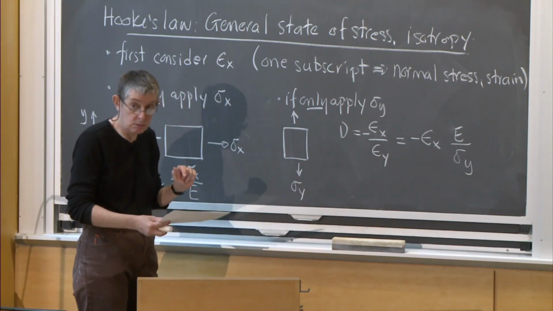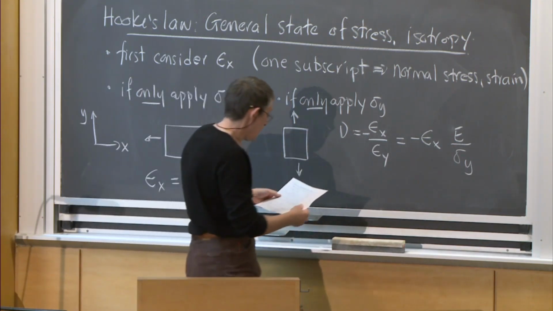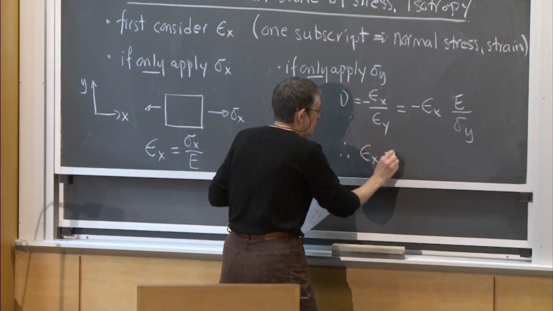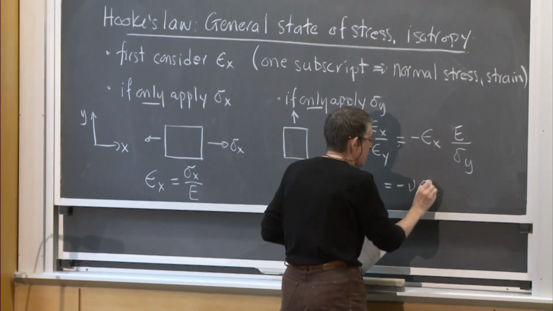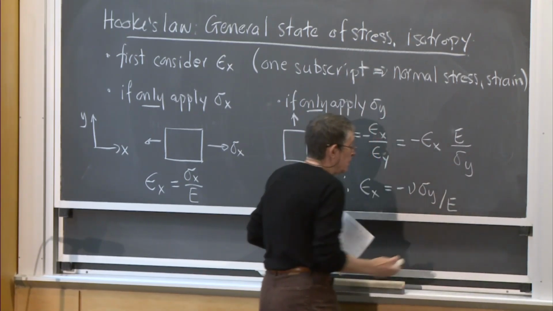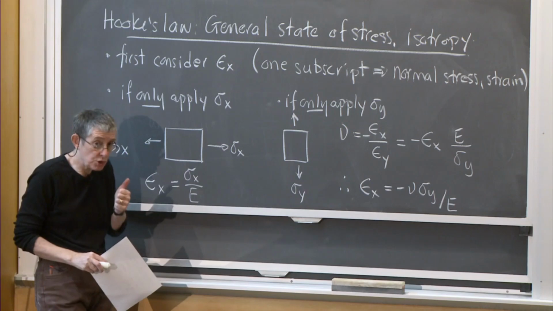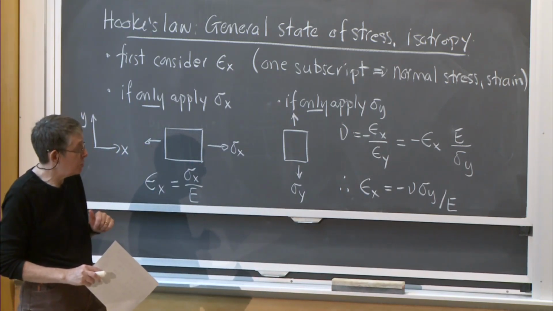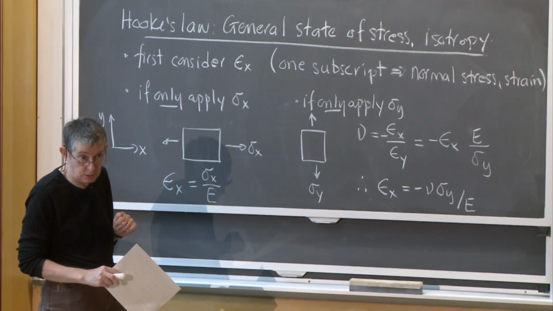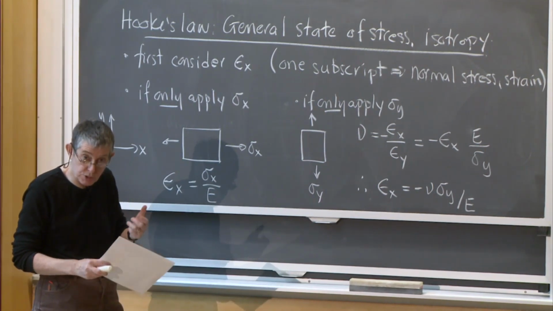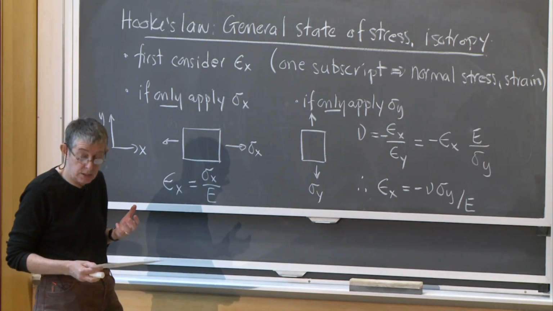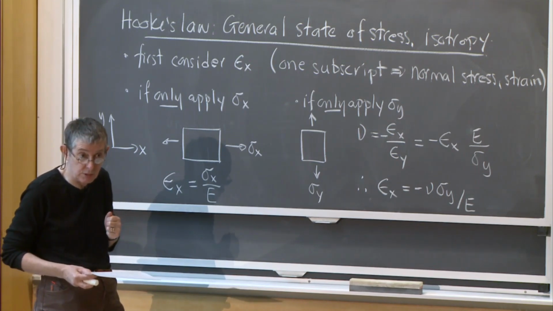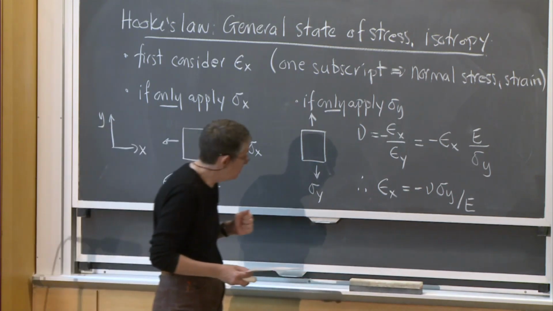Okay, then I can rearrange that. So then epsilon x, for just applying sigma y, nothing else, is then minus nu times sigma y over E. Okay, so you see how the Poisson's ratio is telling you what the strain is in the lateral direction, or in the transverse direction, when you're applying the stress in a different direction. Okay?